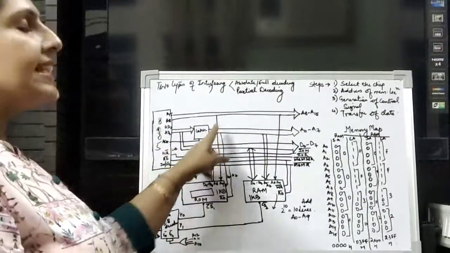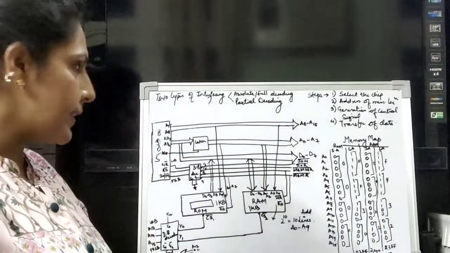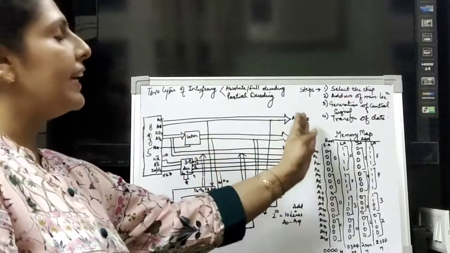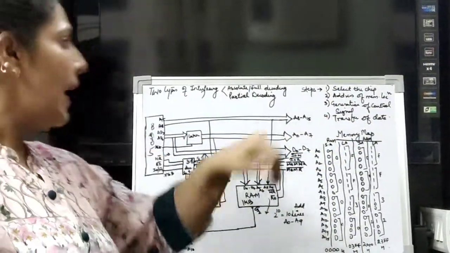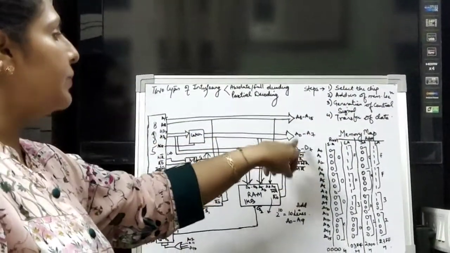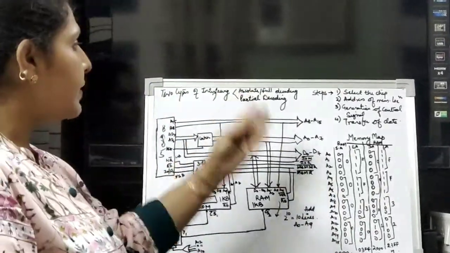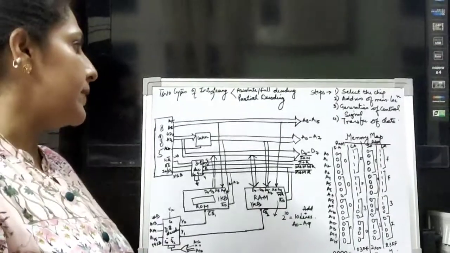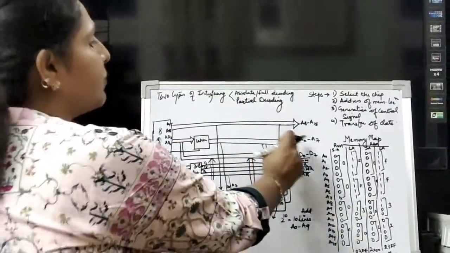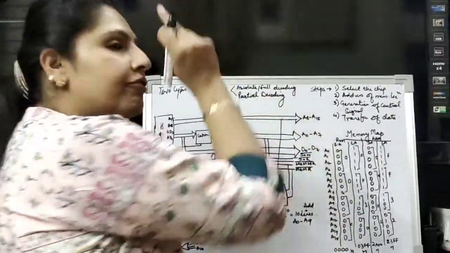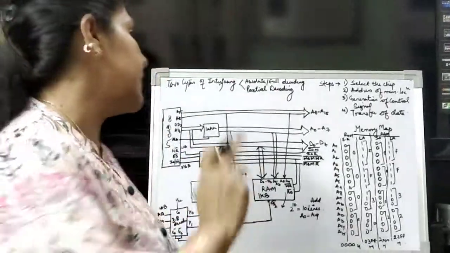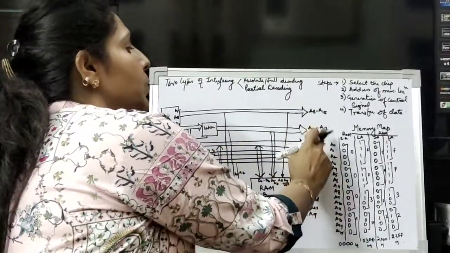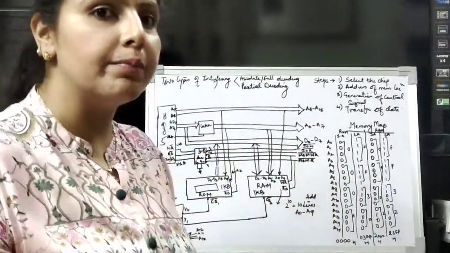There is an address latch enable signal from the microprocessor, from where we have A0 to A7 first of all, and after 3 states we are having the data bus. So first we will have our address and then we will have our data bus. So address bus as a whole is A0 to A15, that is 16 in number, and data bus D0 to D7, that is 8 in number.